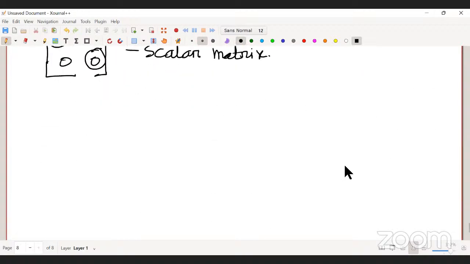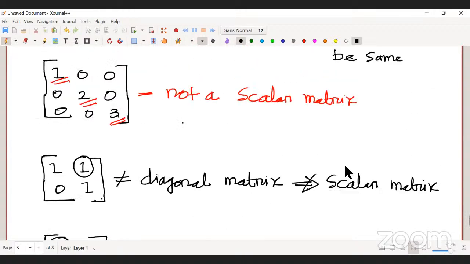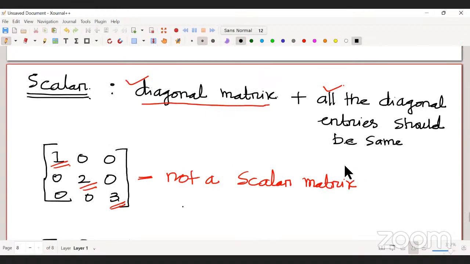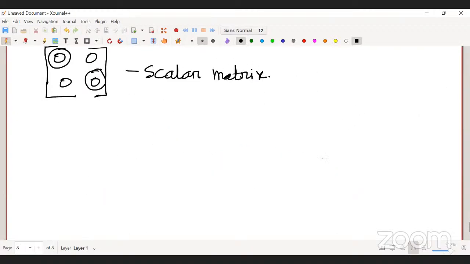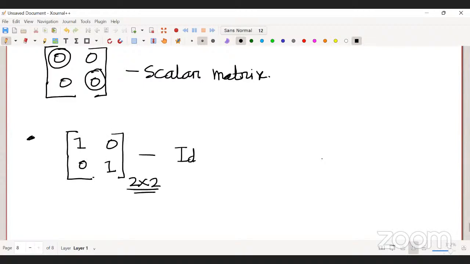Okay, so maybe I say one of the most important scalar matrices is basically the identity matrix. Okay, so identity matrix is a scalar matrix where all the diagonal entries are 1. So this is an identity matrix of order 2 cross 2.